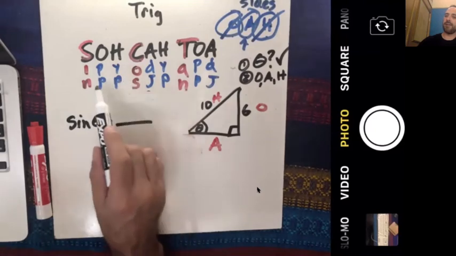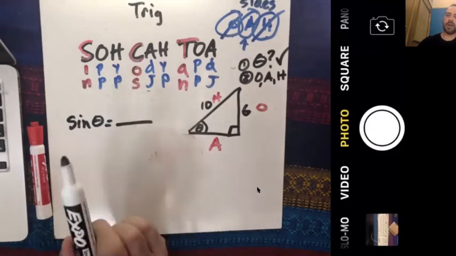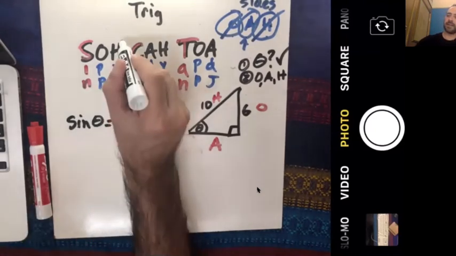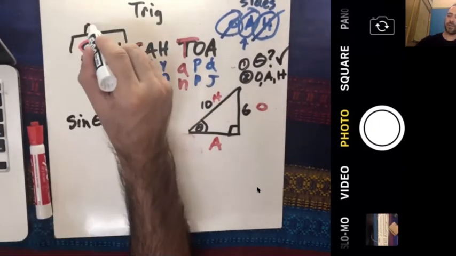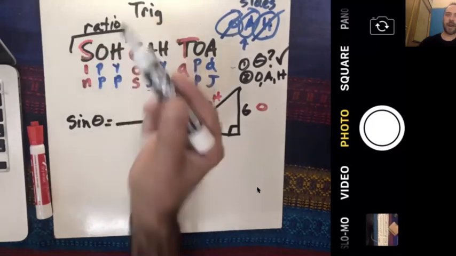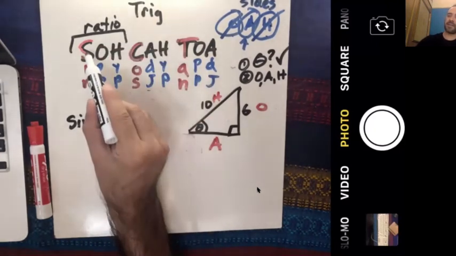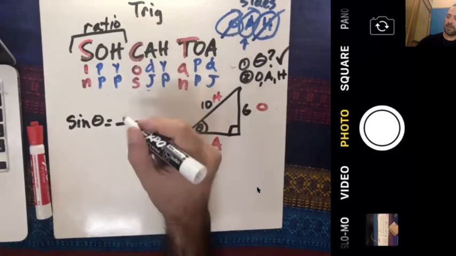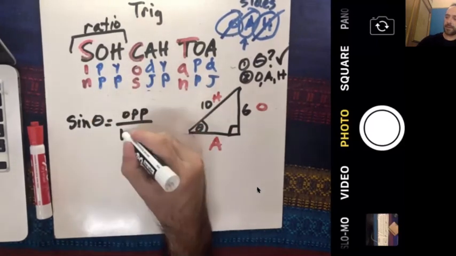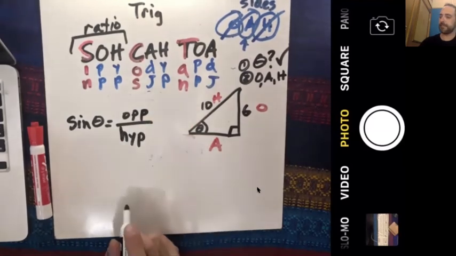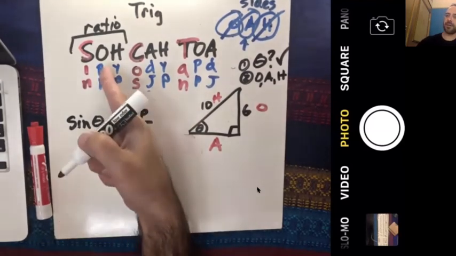Sine is opposite over hypotenuse, but what I didn't show yet is that the sine has a ratio. These are the ratios. They're the fractions. The sine is the ratio between the opposite over the hypotenuse, okay? The sine is the opposite over the hypotenuse.